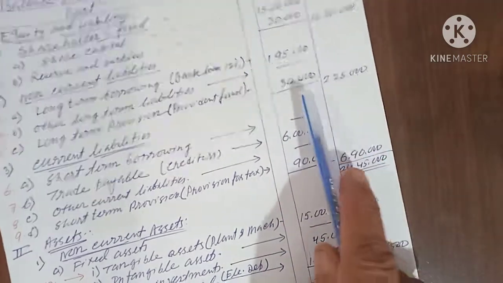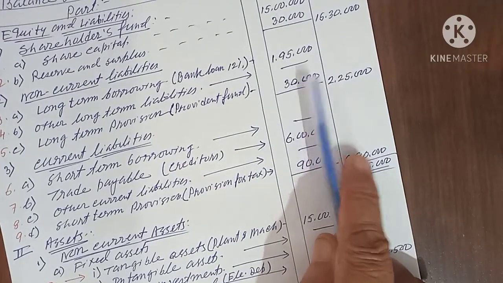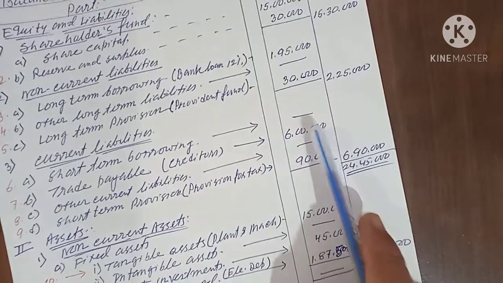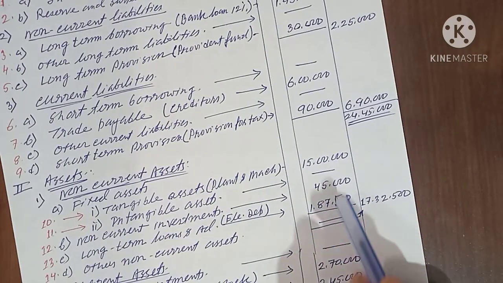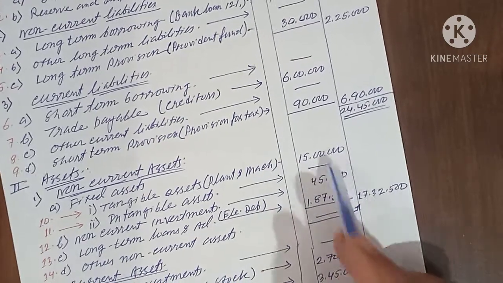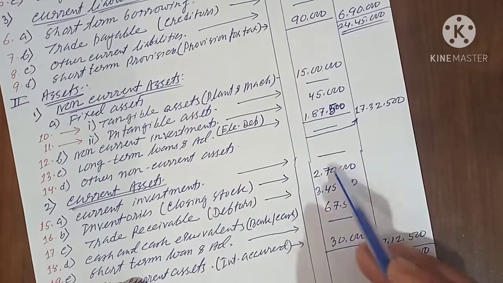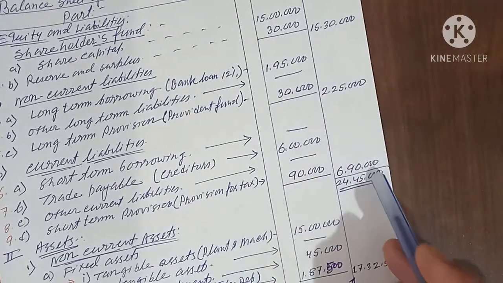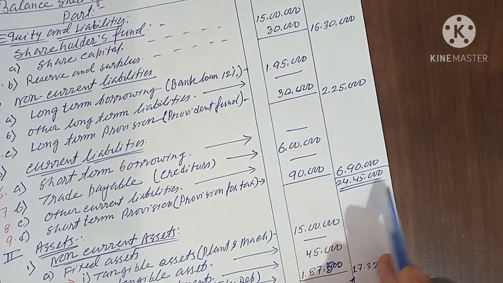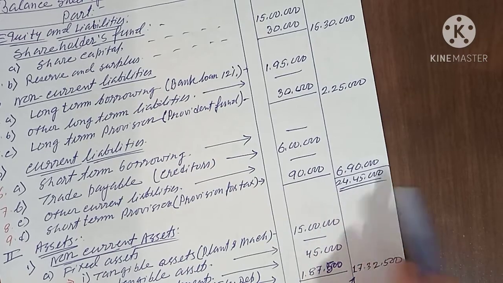This is 2. Of these 3, 1 did not come. Also 2. Of these 4, 2 did not come. Also 2. Of these 5, 2 did not come. 1 is there, 1 is there, so 3. And of these 6, 2 did not come, so 4. So the total of this is this. So you are getting 24,45,000.